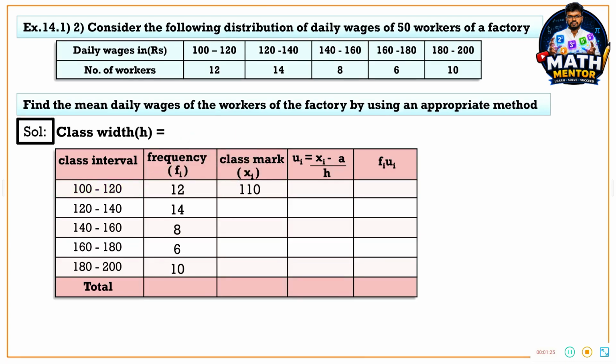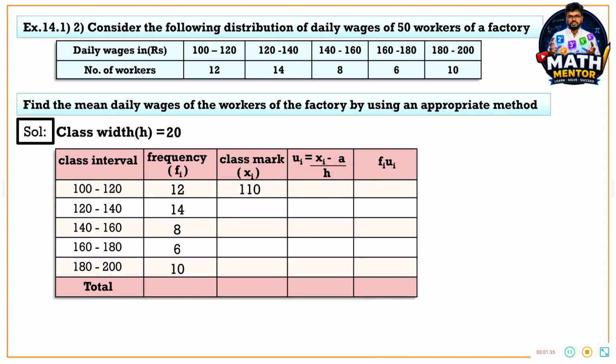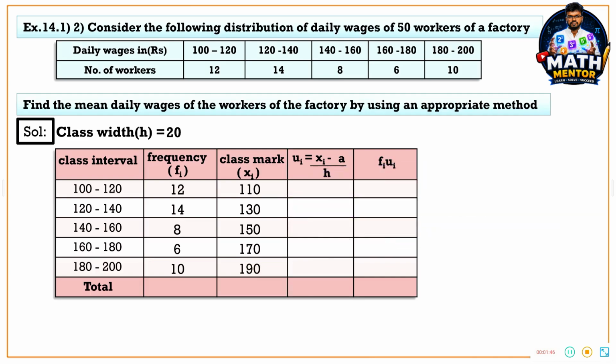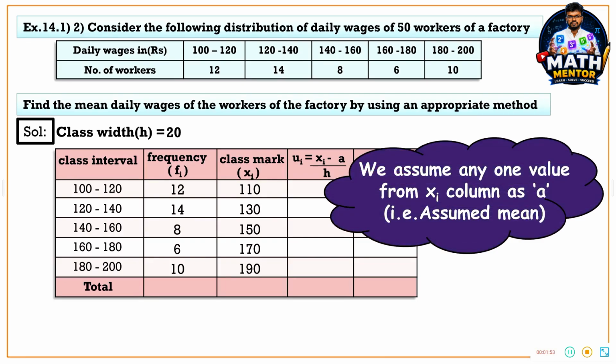Next we are finding the class width or height: 120 minus 100, that is 20. Now we will add 20 to 110 to get 130, 130 plus 20 is 150, 150 plus 20 is 170, 170 plus 20 is 190.